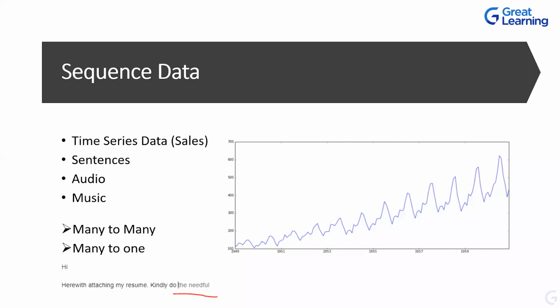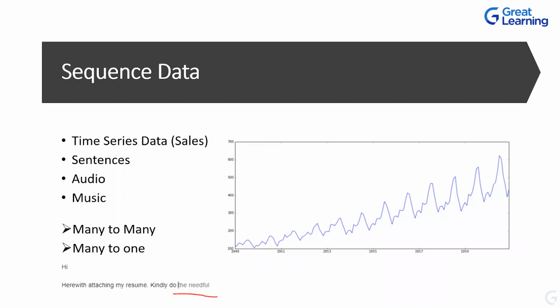A lot of NLP techniques are applied in decrypting the audio between armies and the military and all that, right? So these are all basically sequence data. And once again, music as well. We want to know what the next beat is going to be. Is it going to be a high beat or a low beat, or is the bass going to be high or low? If you want to predict that, then the order cannot be changed for that data.